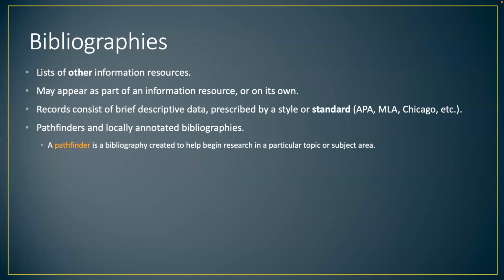And in reality, a lot of libraries, especially subject librarians, help to create these pathfinders to be used by students, especially when they're new to a specific topic or a research domain.